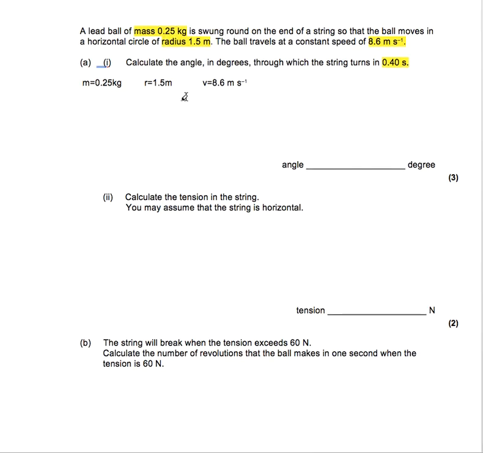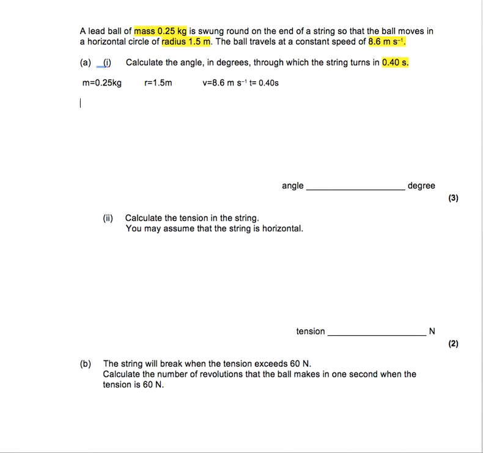We have time equal to 0.40 seconds, and I'm noting I've got two sig figs throughout here. So I'm thinking angular speed, I'm thinking v equals r omega.